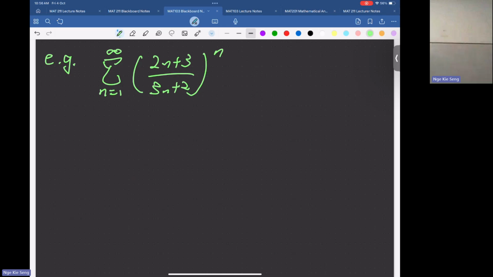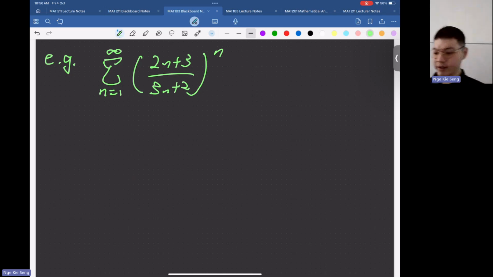Last time we just looked at, for example, the series of 2n plus 3 over 3n plus 2. But now I look at the growing power of them. If I hand you this, you also crack your head. But since I gave you the root test, you can cancel out the power.